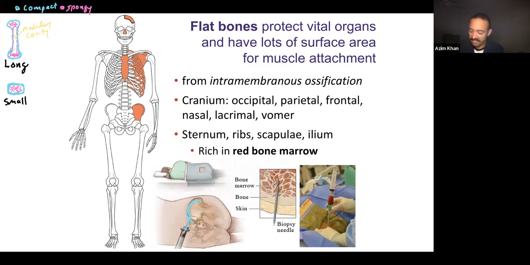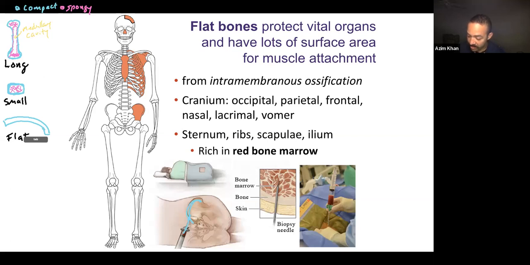If I were to make a longitudinal section of a flat bone. Did I say this already? Flat bones come from intramembranous ossification, because you want that immediate protection of vital organs. So let's say this is a longitudinal section of a flat bone.